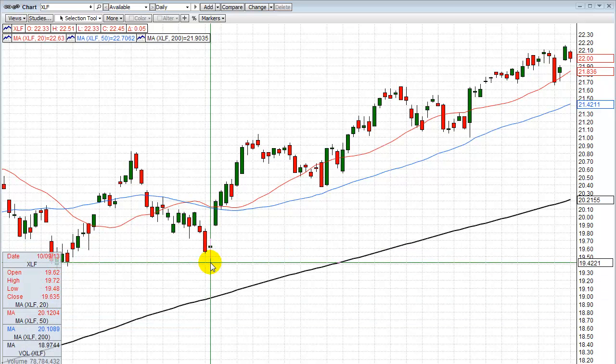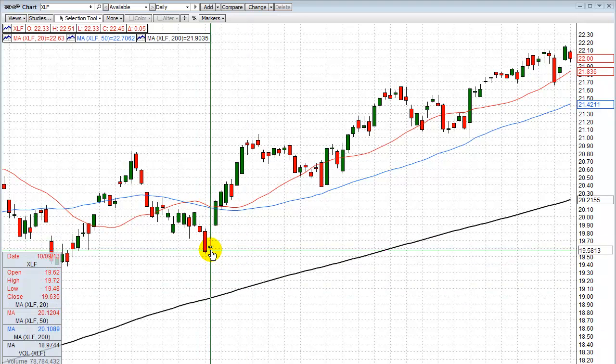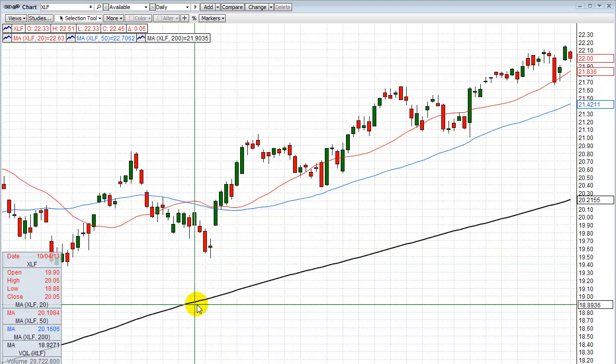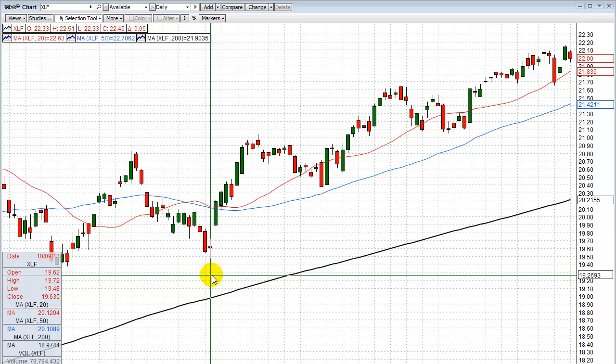The reason I bring this up, I just picked any old chart, but I want to show you a classic reversal day. This one day with this narrow green bar is sometimes called a doji. I call it a reversal day, and there are a couple of characteristics of a reversal day.